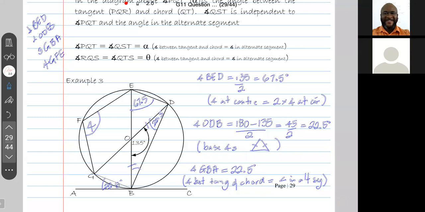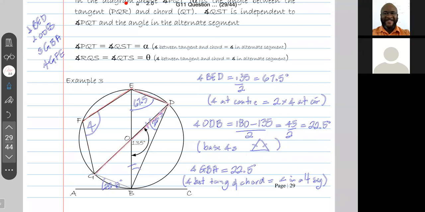And to find angle 4, I'm going to use the fact that this quadrilateral here is a cyclic quadrilateral. All right, apparently it's not giving me the option to. It probably doesn't recognize this type of quadrilateral.